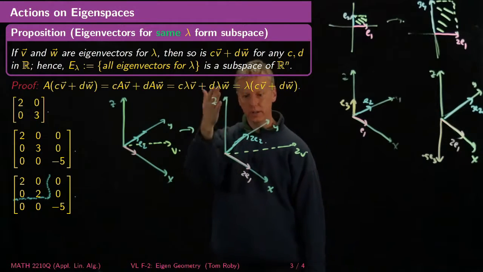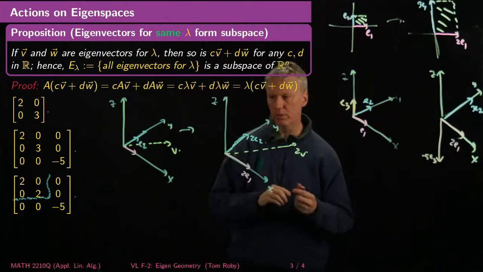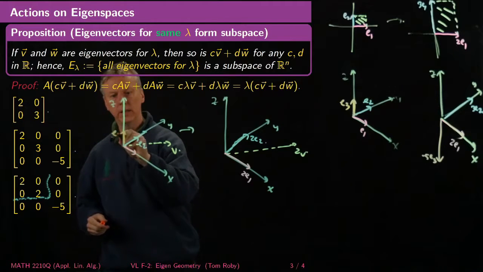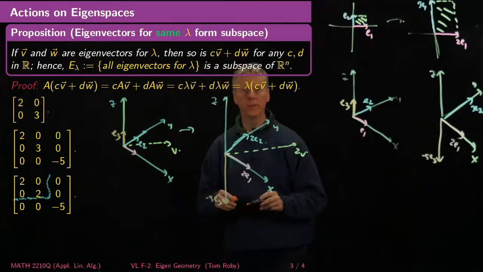Okay, so now the z behavior has not changed since what we had earlier. It's still true that E3 here goes to minus 5 E3 down there.